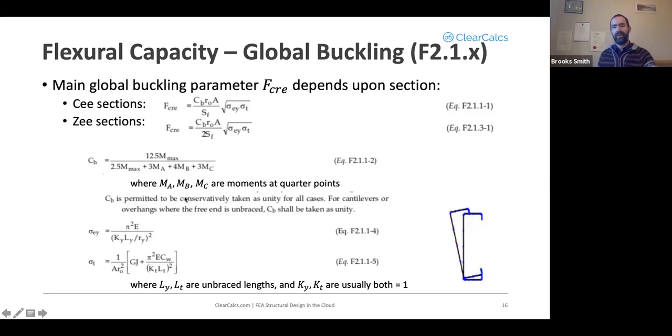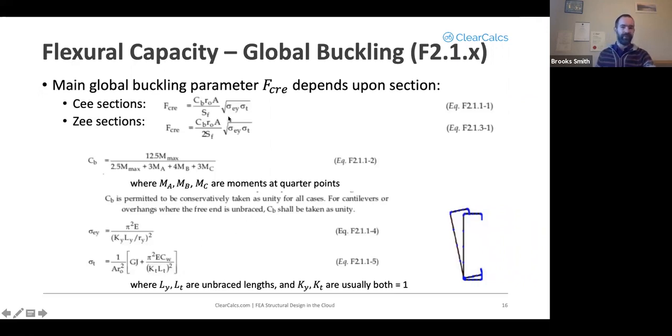That is accounting for the pattern of the moment along the length of your beam span, each individual span. For that, you have your moments at your quarter points and consider the ratio in there. Alternatively, if you don't know what those values are, you can conservatively take CB as 1 in all cases. For cantilevers, you have to take it as 1.